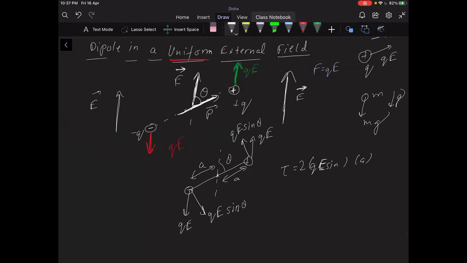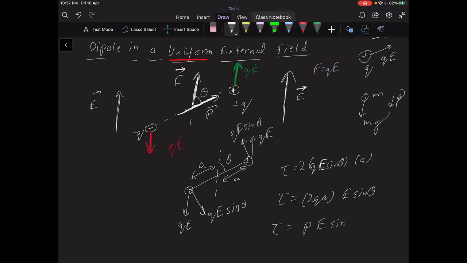You can rearrange this formula, 2QA into E into sine theta, and 2QA is basically the dipole moment.